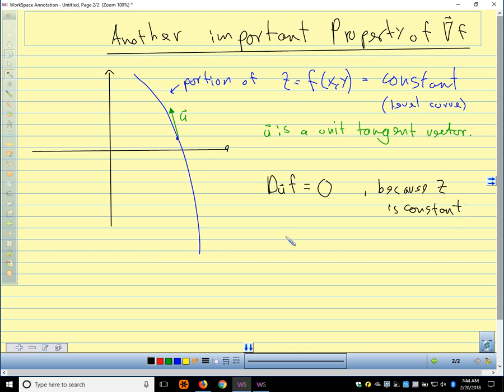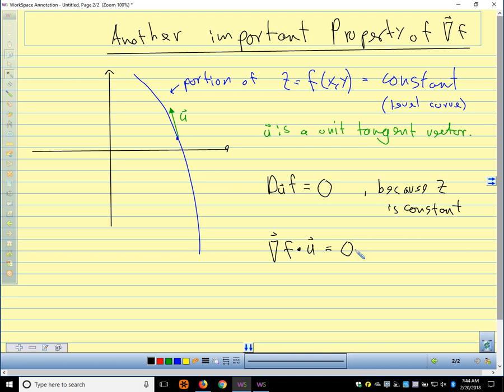Well, that tells us that del f dot u equals 0, because that's how we calculate the directional derivative.